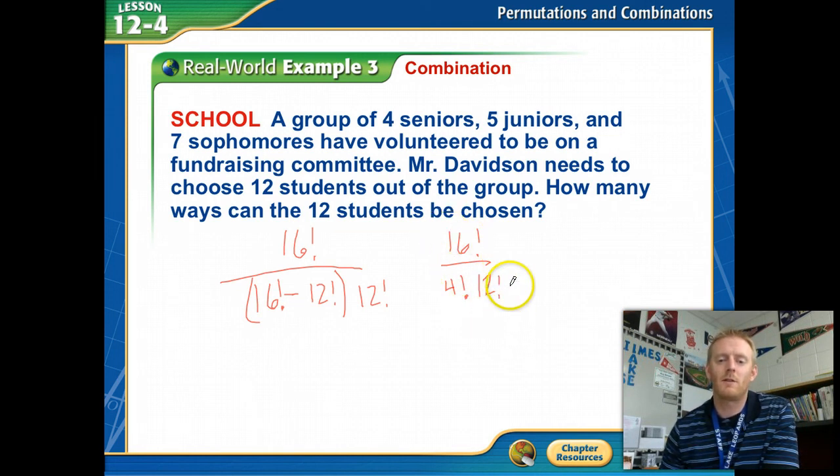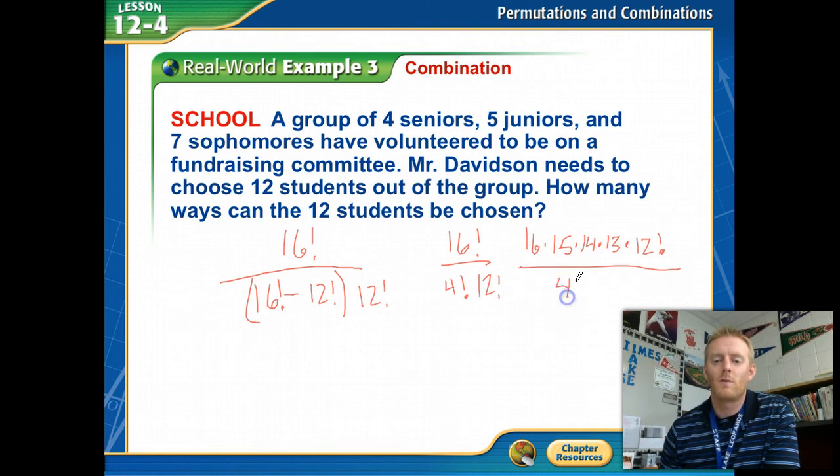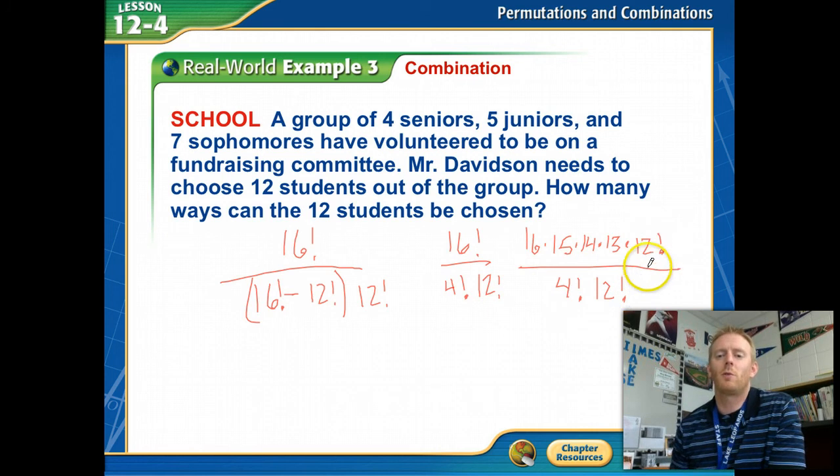Now I'm going to use the two bigger numbers to get things to cancel out. So I'm going to have my 16 times 15 times 14 times 13 times, I'm going to write just 12 factorial over 4 factorial times 12 factorial. Now I wrote 12 factorial because I know that I can cancel both of those. So that means I'm going to have right here all of this math.